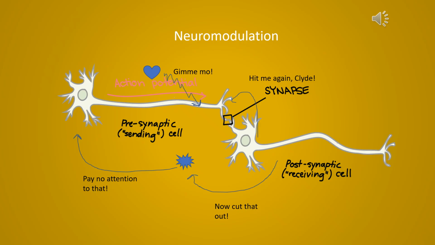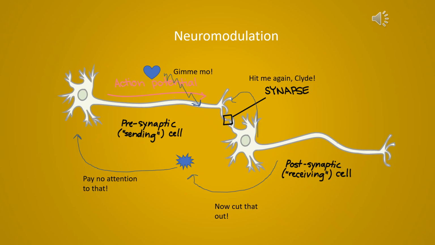So this is communication going from the postsynaptic cell to the presynaptic. What we've talked about so far is communication going from presynaptic to postsynaptic. Well, it turns out that the postsynaptic cell may have some say-so over what the presynaptic cell does. So in this case, the postsynaptic cell likes what the presynaptic cell is doing and sends back a message saying, do that again. I like it. So hit me again, Clyde.